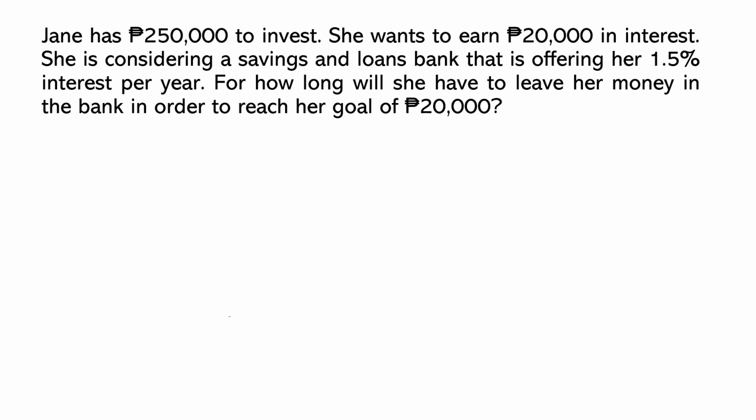To solve this, we are going to use this formula for time of the simple interest, which is the interest divided by the principal amount times the interest rate. So in our given, the I, or the target interest at the end of the time T, which we are looking for, is 20,000.